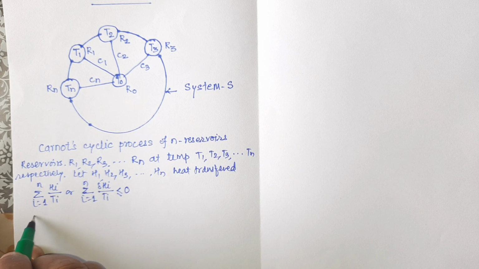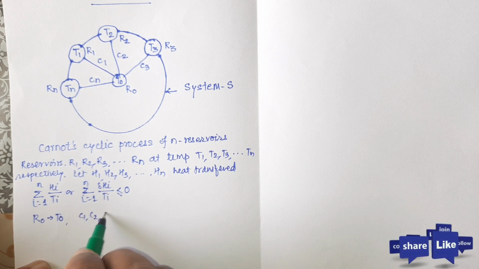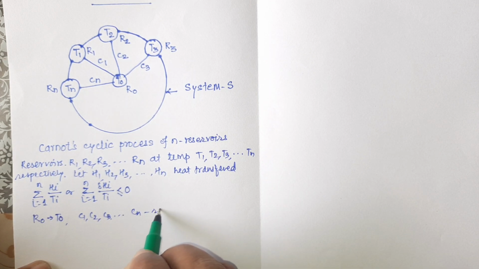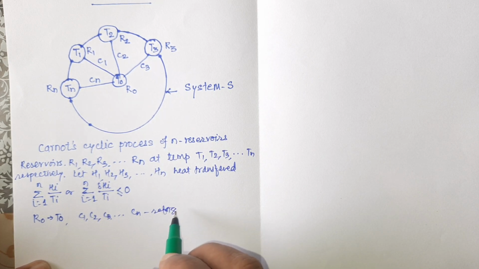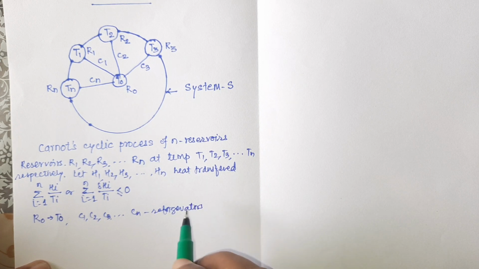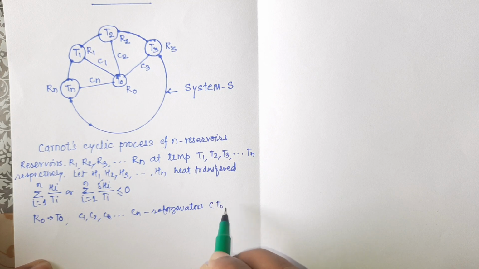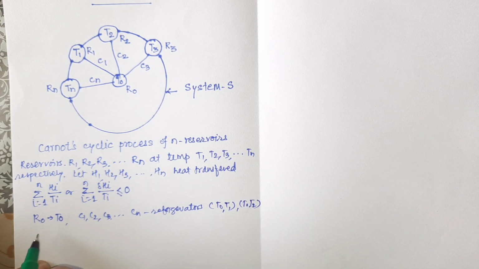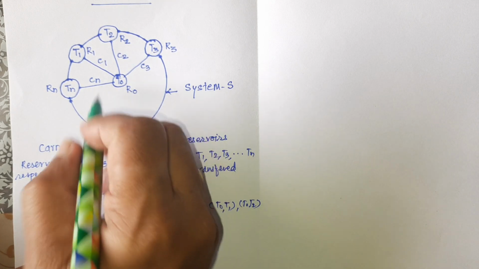Let R0 be the heat reservoir that works as a heat engine at some arbitrary temperature T0, and n Carnot engines, say C1, C2, C3 up to Cn, work as refrigerators operating between the temperatures T0, T1; T0, T2; up to T0, Tn respectively, as shown in this figure.